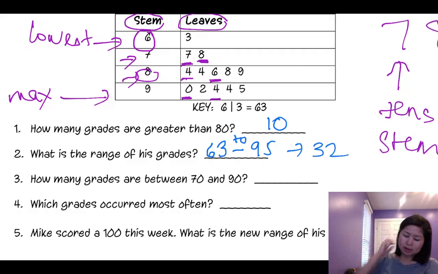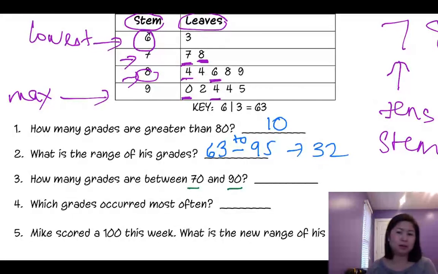All right, next question. Again, I'm going to ask you to respond to me using the chat. How many grades are between 70 and 90? So when I say in between, I'm not going to include 70 and 90.